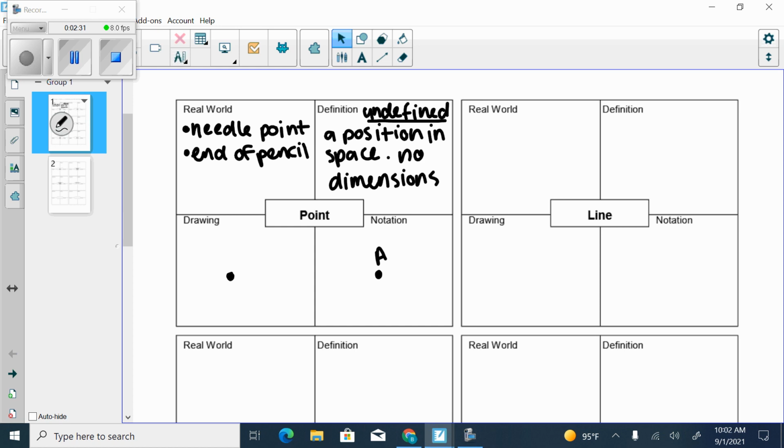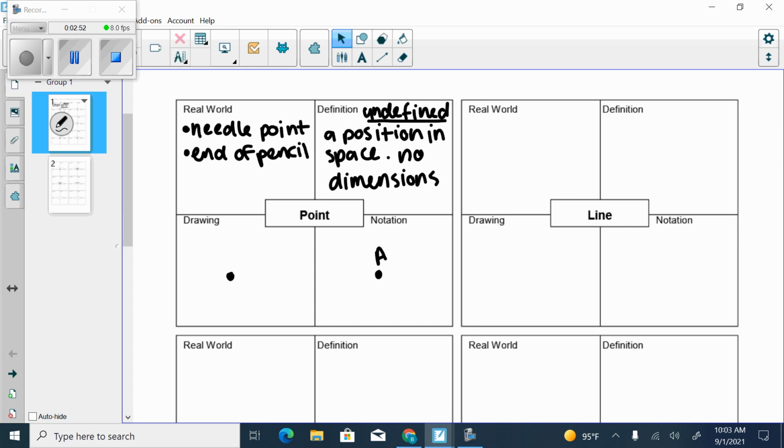Our next term is a line. Can anybody tell me what a line is, or what we already know about them? Okay, what would it look like? We have to draw a picture, so what would it look like?